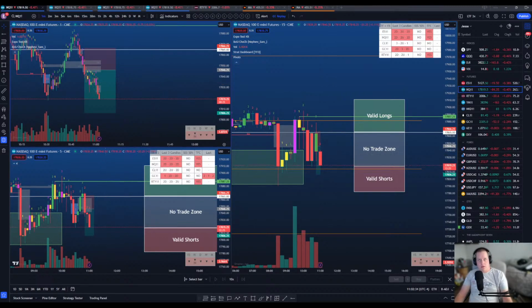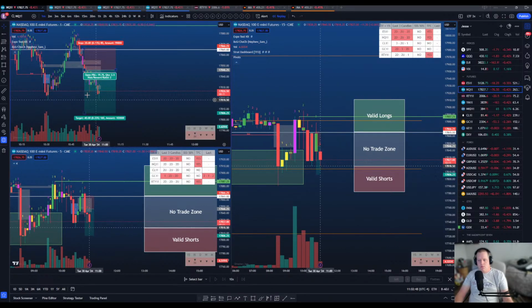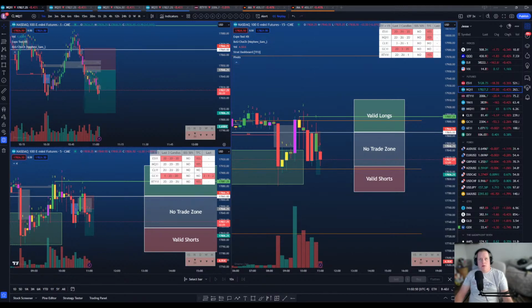Gonna let this short continue to go. Nothing going on with oil or gold. Gold actually came up to stop me out and then went back down. Gonna take more off of NQ at 20 points.